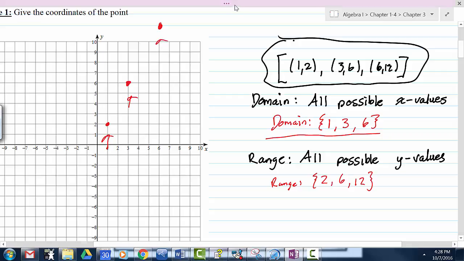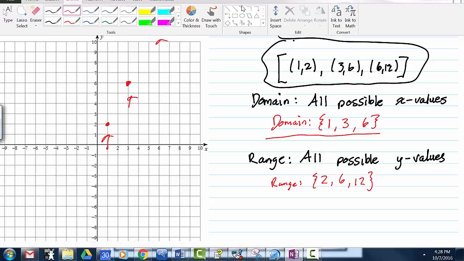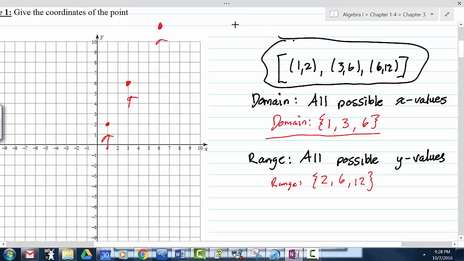But see, what if the domain was a little bit different? What if you had a line? Now if you had a line, you're accounting for every single point on this line. And that's too many, that's an infinite amount of numbers. It's way too many numbers to actually write.